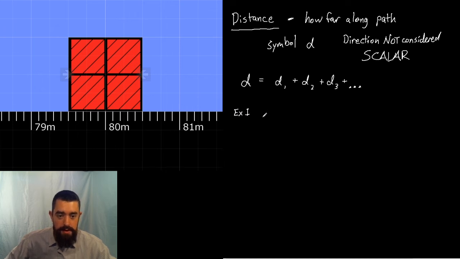Example 1. Let's say x0 equals 80 meters to the right of the origin. All right, that'll be the first position. I'm doing positions right now. This is a position.